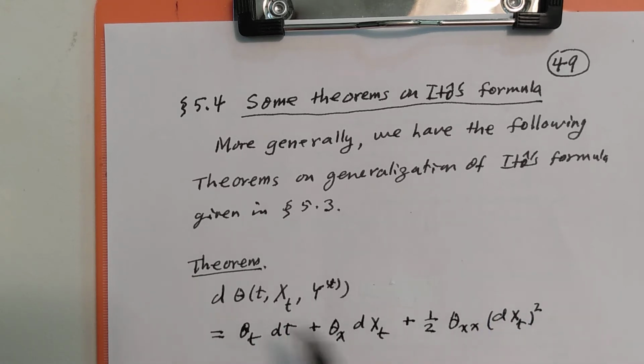This is for x sub t. And for y sub t, we have plus theta sub y dy sub t. And then here the critical thing, minus 1/2 theta sub y y dy sub t squared. And we can write it in the stochastic integral form, which is a little bit complicated, but it's enough just to state the theorem this way.